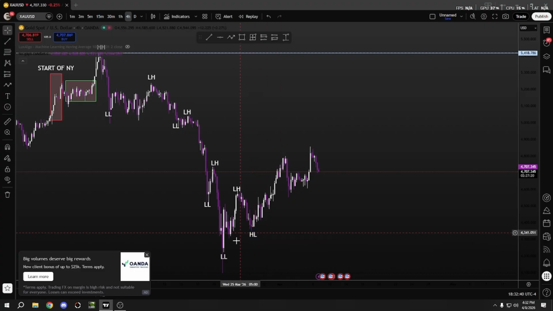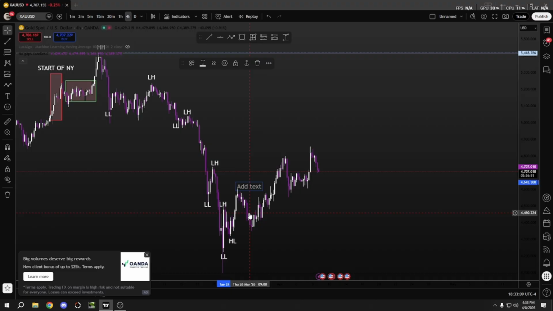Actually, sorry, it's going to be right here. Sorry, I was not looking at this one. We have our lower high here, because our previous high is up here. Now it came down. We have our previous lower low here, but then price never broke back down. So now we have a higher low.